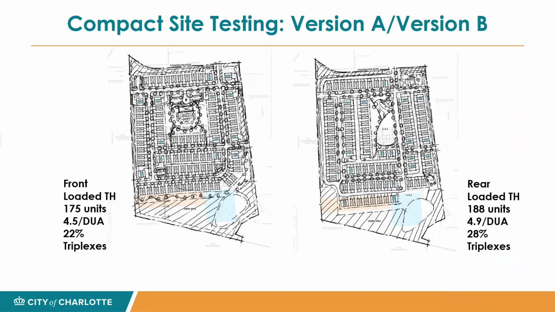And where we landed is that triplexes on corners for the majority of sites is right around 25%. And so we believe that there's some additional flexibility by allowing that 25% to be able to move throughout a project and phase. So that's how we landed on that number too.